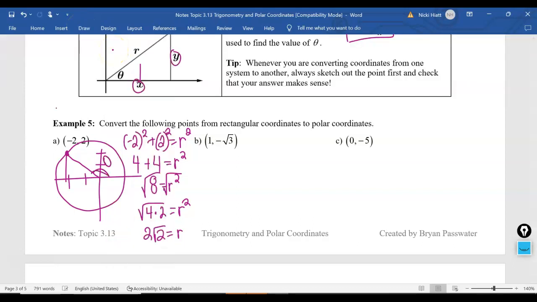You're really looking for this angle right here. So we know that tangent of theta should equal y, which is 2, over x, which is negative 2.